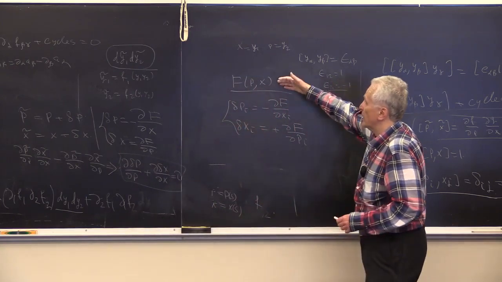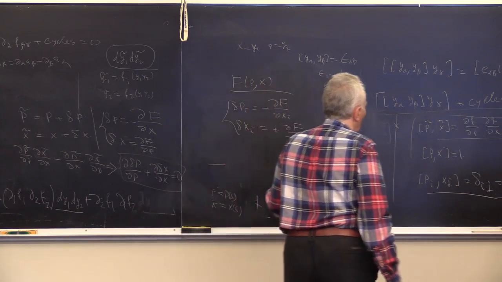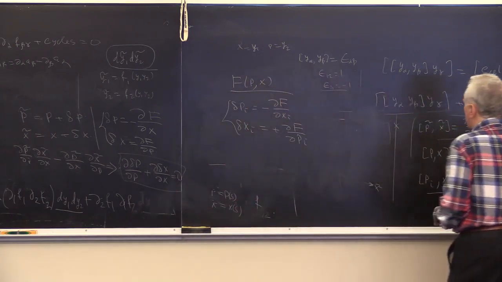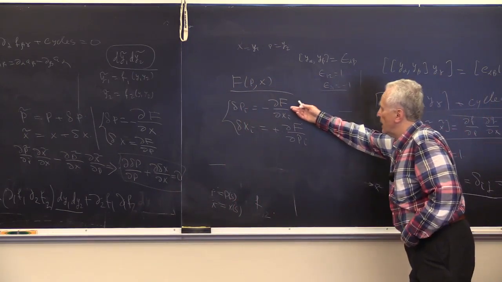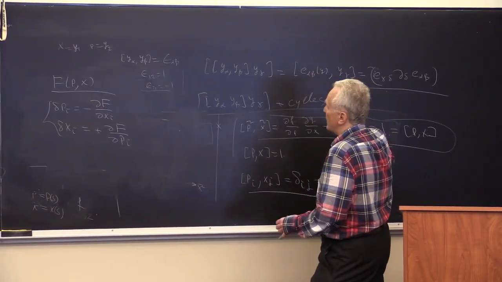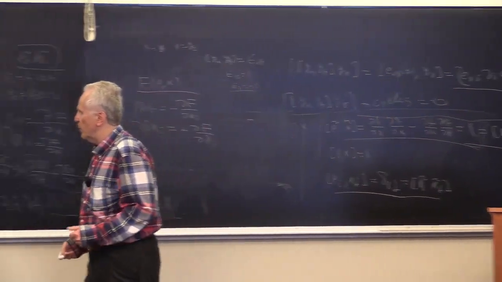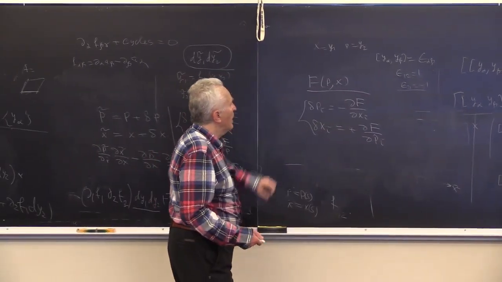So you have one arbitrary function, and it is not surprising that we ended up with one arbitrary function. Here we have two arbitrary functions with one constraint, so it's clear that they must lead to one arbitrary function.